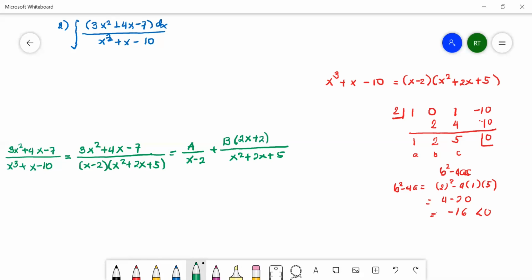Again, we are doing this to eliminate correction. Then plus the constant C.